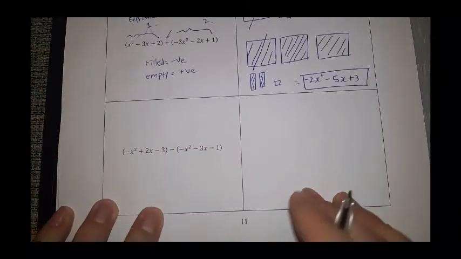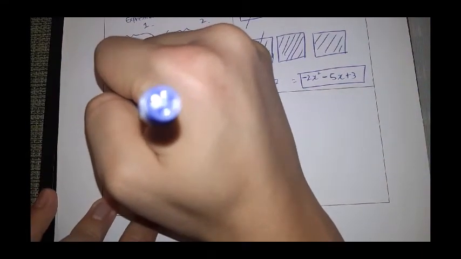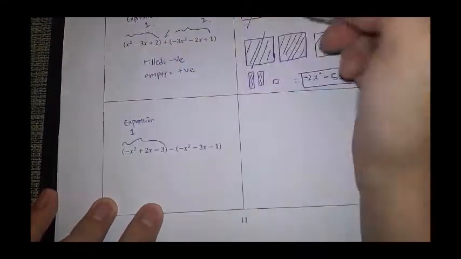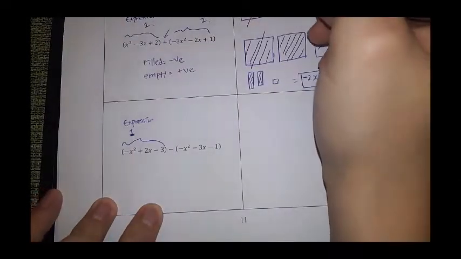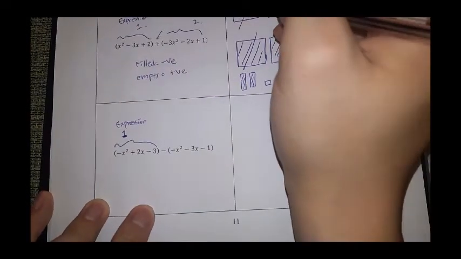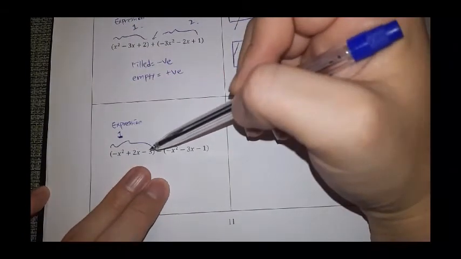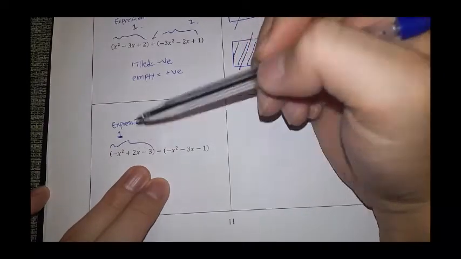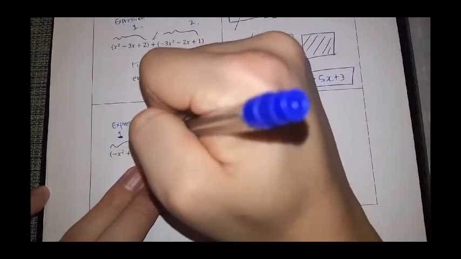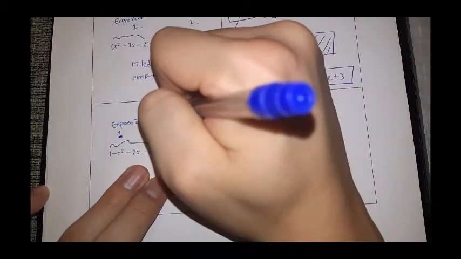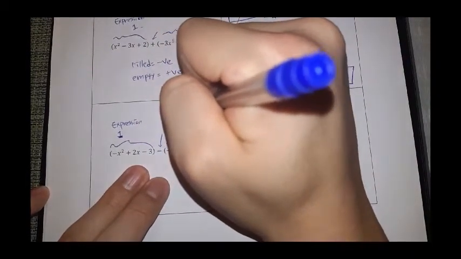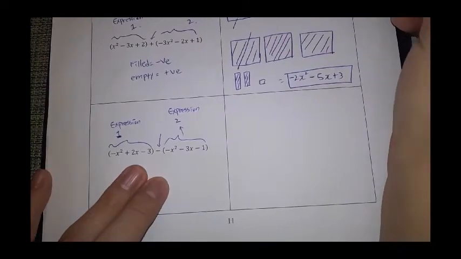When it comes to subtraction, here's what we do. Expression 1, we use the same steps as the first one. Write down negative for colored, positive for empty, those kinds of things. Now here's the thing. Whenever you have a negative, that means whatever is followed by the expression, we are basically using the opposite step.